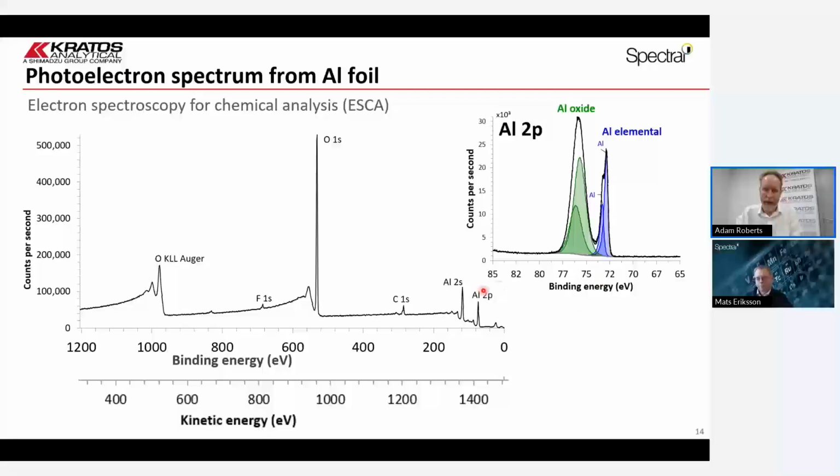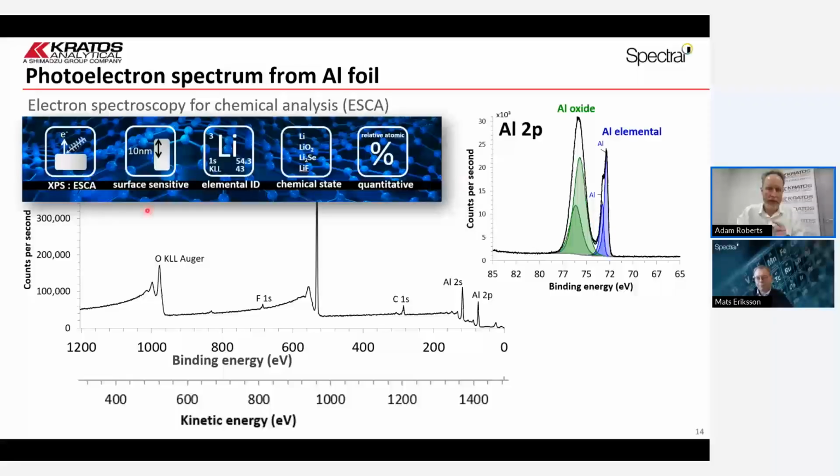If I go in and do a higher energy resolution scan around my aluminium 2p, we can see that we get an aluminium 2p spectrum with chemical information. I'm seeing aluminium in an aluminium environment, and I'm also seeing aluminium in an oxide environment. So we're getting that chemical state information, and that really is one of the great strengths of XPS, that you're getting that chemical information from the top 10 nanometers of your surface.